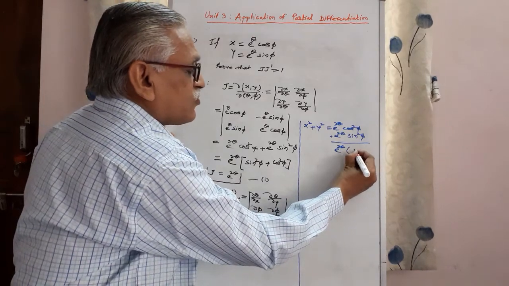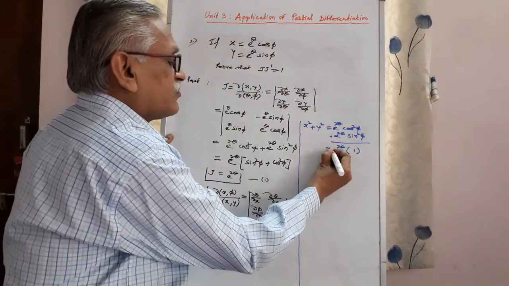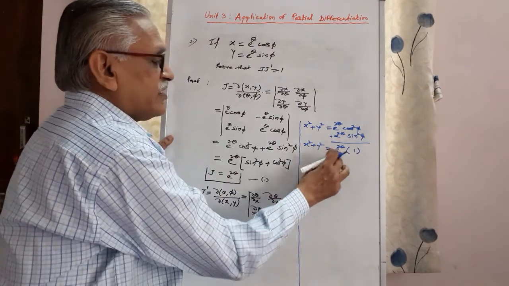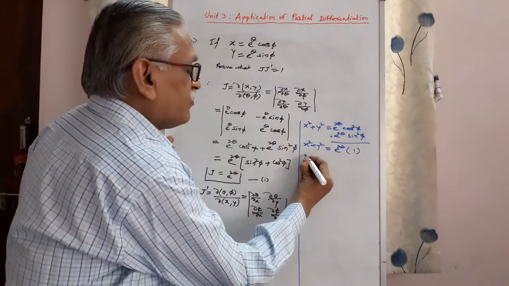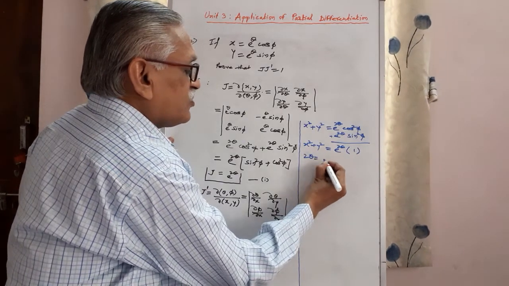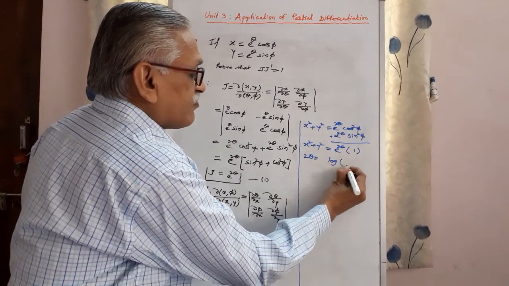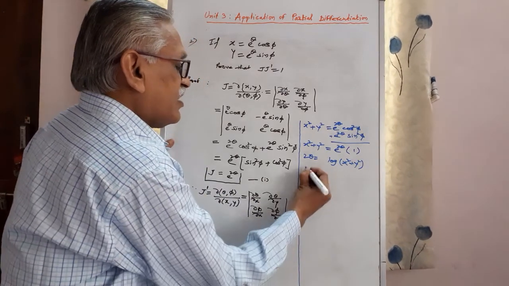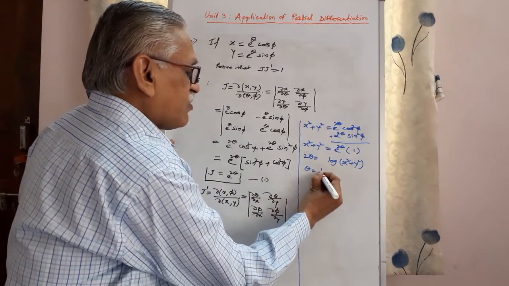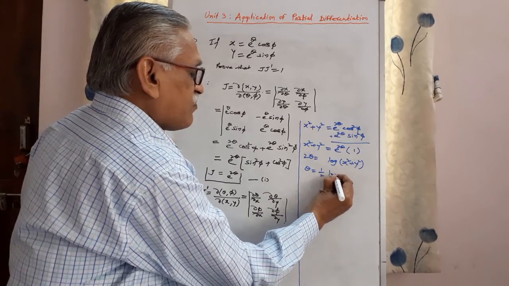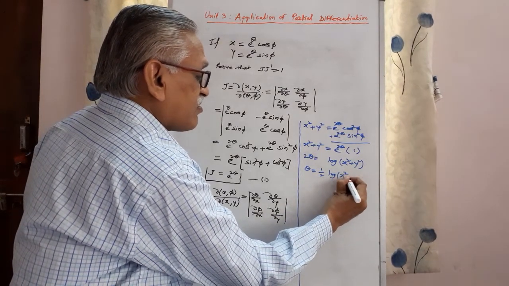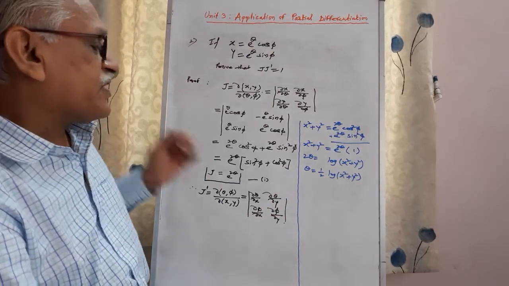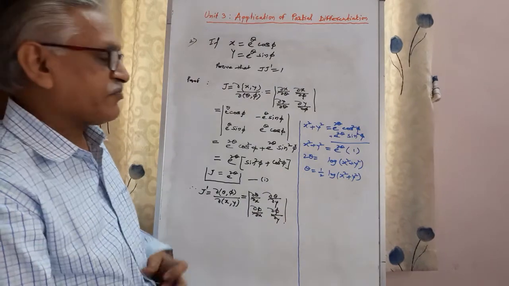We get sin square plus cos square as 1 and is equals to x square plus y square. Then transferring this to other side, we get 2 theta is equals to log of x square plus y square, and therefore theta is equals to 1 by 2 log of x square plus y square. I have obtained theta in terms of x and y.